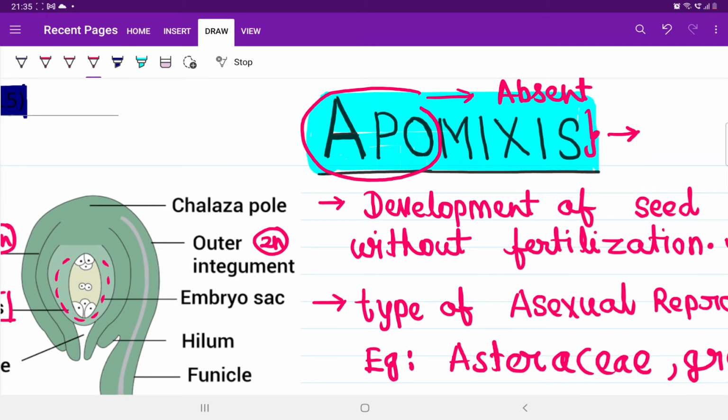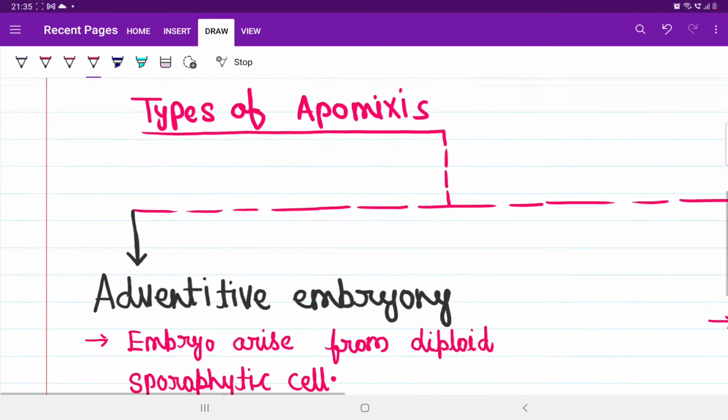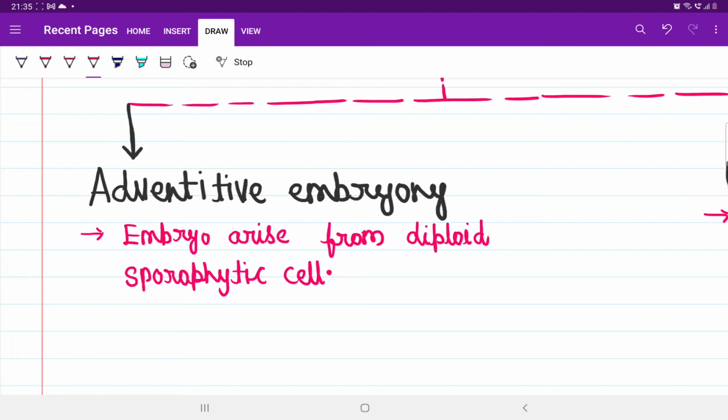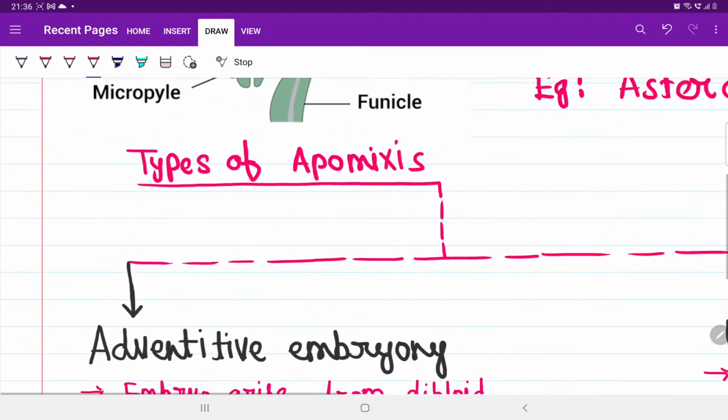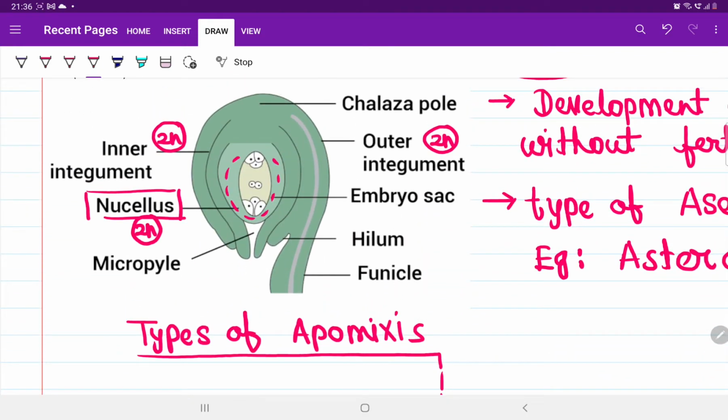In fact, apomixis has two types. First is called adventive embryony. In adventive embryony, the embryo arises from a diploid sporophytic cell. So what are the diploid sporophytic cells, students? They are not the antipodal cells, they are not the synergid cells.